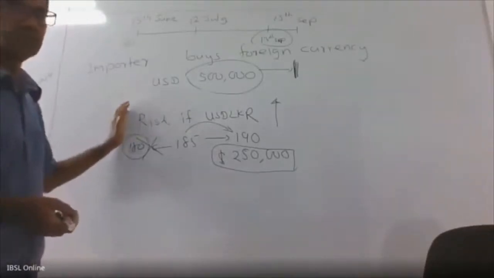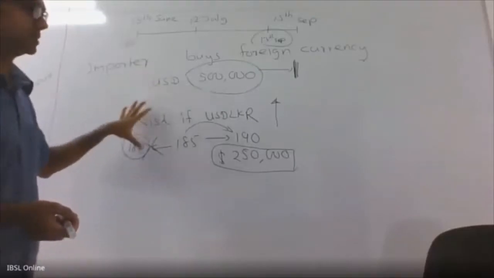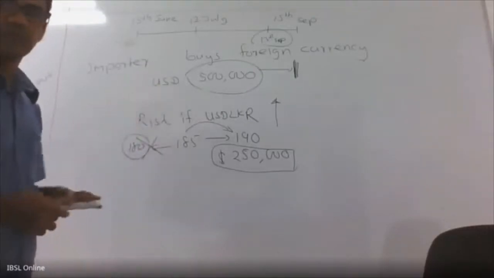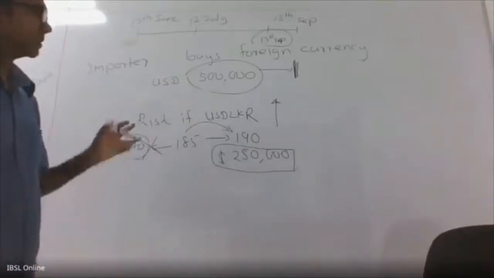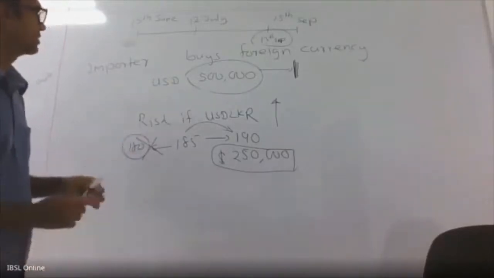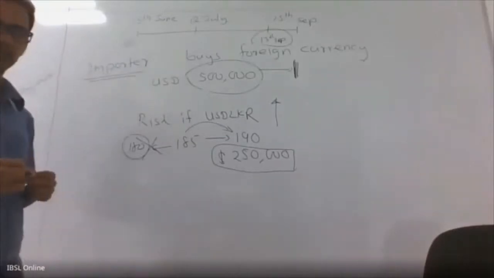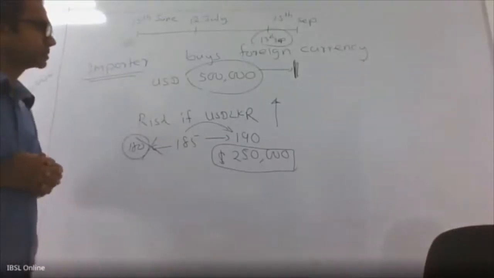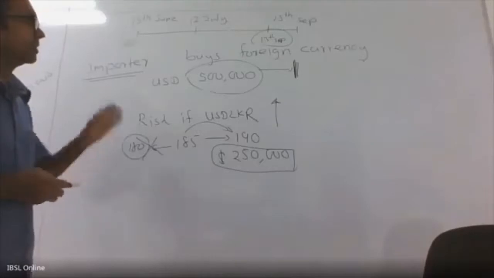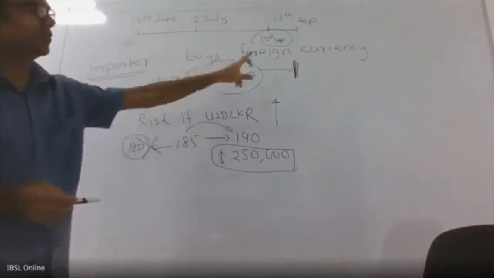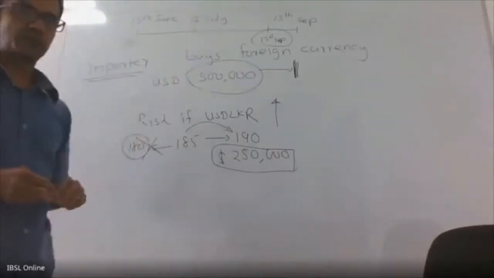Our focus here is how to hedge the position using a forward contract. Now in this example, we are considering the importer's case where the importer buys foreign currency on a future date.